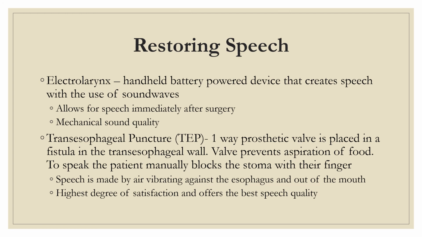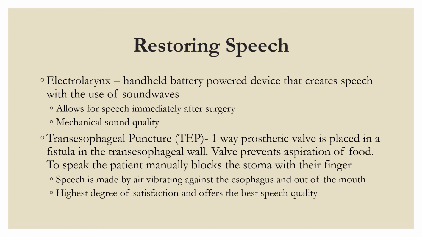The other option is called a transesophageal puncture, a TEP, and this is actually a one-way prosthetic valve. It's placed in a fistula within the tracheoesophageal wall. So the valve actually does two things. It prevents aspiration of food. So if a patient can eat, it will prevent the aspiration.